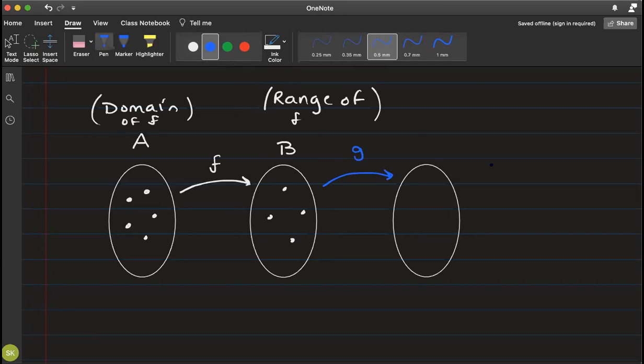So g is a function that has a domain and it has a range. Let's call this set C. And let's just put some dots here. So you can think of the domain of g something like this.